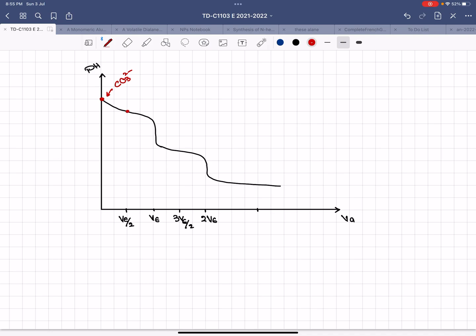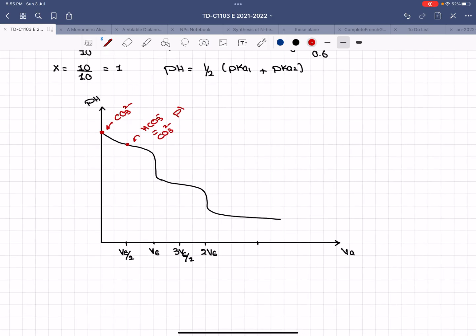The second important point here, VE over 2, which is basically HCO3 minus equal to CO3 2 minus, pH equals pKa2. Equivalence volume where you have HCO3 minus, pH is equal to half of pKa1 plus pKa2. These are like the simplest points, okay?